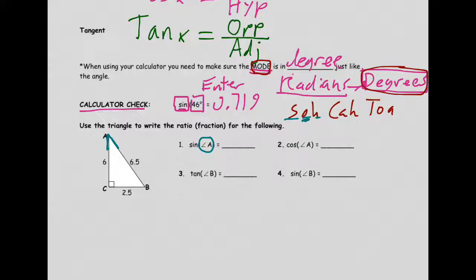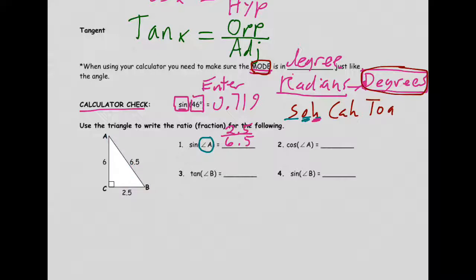So what is opposite my angle A? That is 2.5. 2.5 over hypotenuse, and the hypotenuse is always the same. It's just the side that is longest, the side opposite the 90 degrees. 2.5 over 6.5.